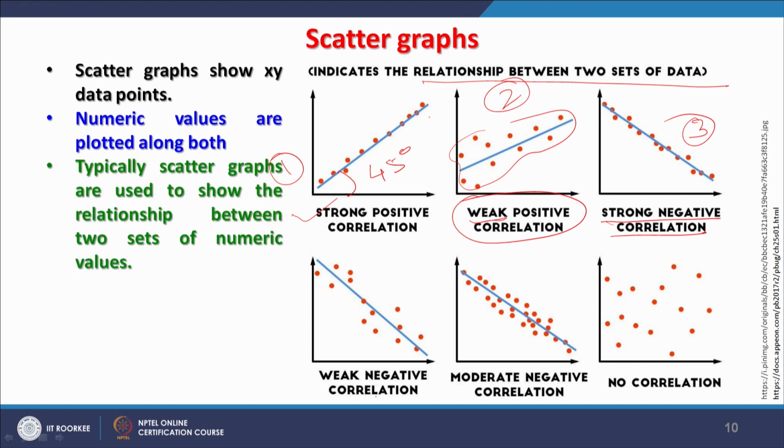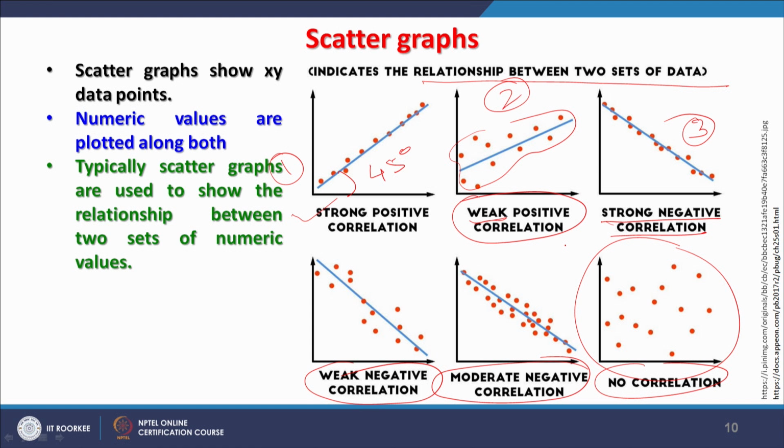Similarly, we have a weak negative relation because the points are getting scattered all along that best fit line. Then a moderate negative correlation, or sometimes we may get a kind of correlation where two variables are not correlated at all, they are all randomly distributed.